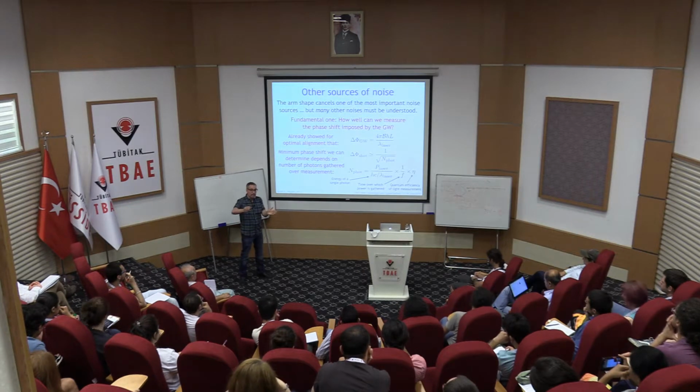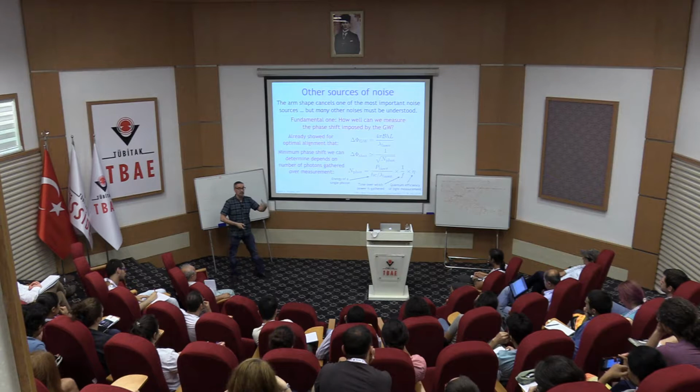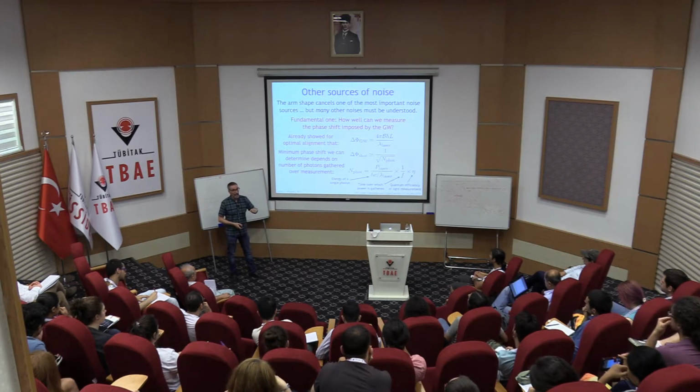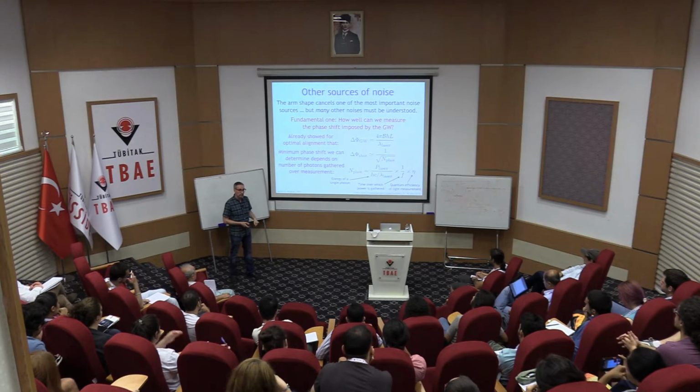At a higher frequency, you're averaging over shorter times, so instead of 10 to the 12 photons, you might only average over 10 to the 10 photons. So your shot noise now scales as 10 to the minus 5. It's still low, but it's a factor of 10 larger than it was at your other frequency.